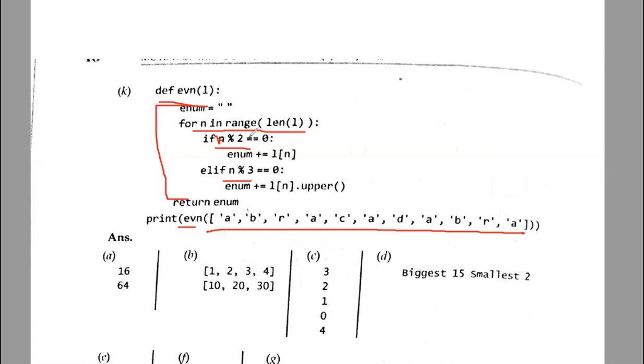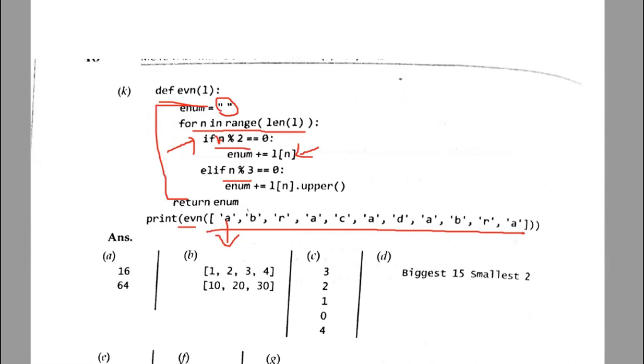If it is a multiple of 2, it is going to be 0. Then we are concatenating that particular character with enum. So here it is going to return a string. Can you understand? Because I'm concatenating, it is not a list. Each and every element from the list is going to be taken, and if it satisfies some particular condition, it is going to get appended to a string.